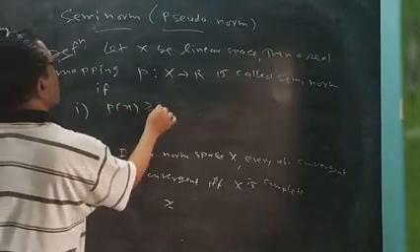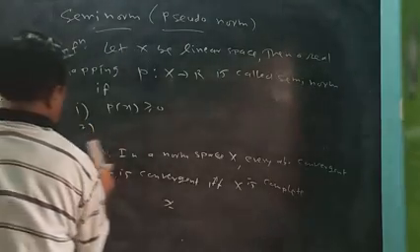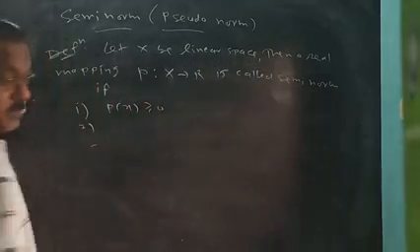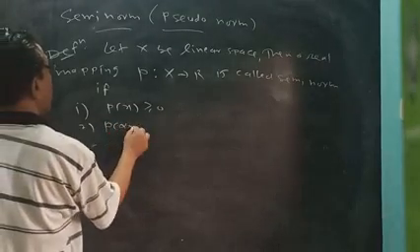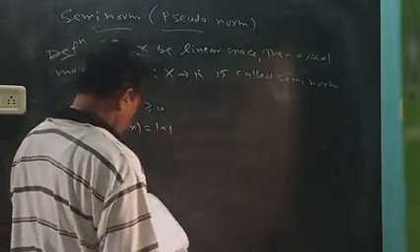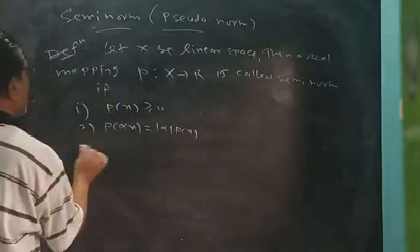So P of X is positive, the first point. Second, P of alpha X is mod of alpha times P of X, as in the normed space.